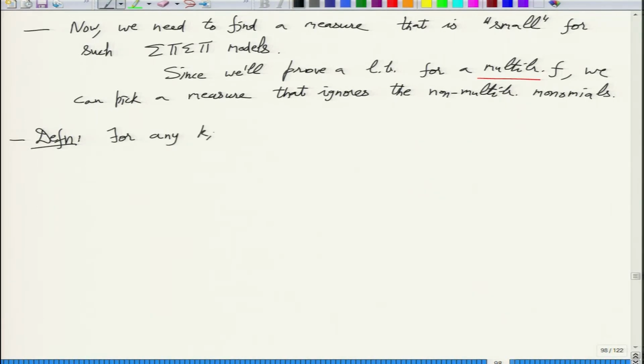So for any k, l and polynomial f(x), what the authors define is called projected shifted partials. Who are the authors?